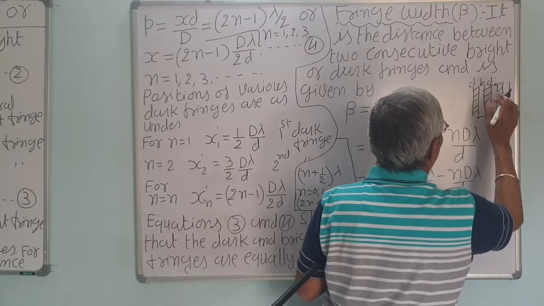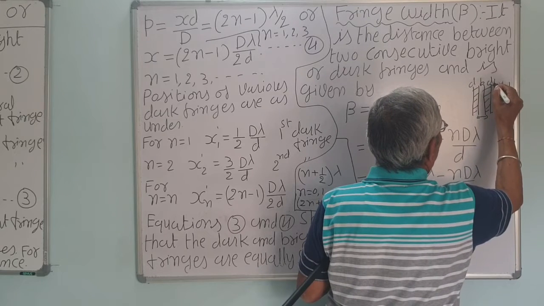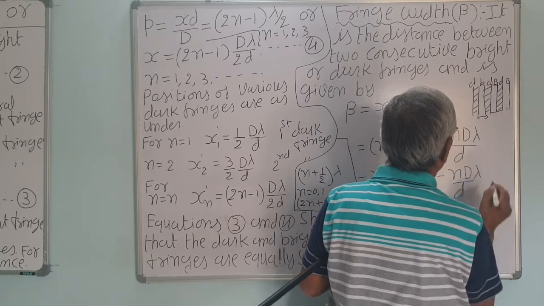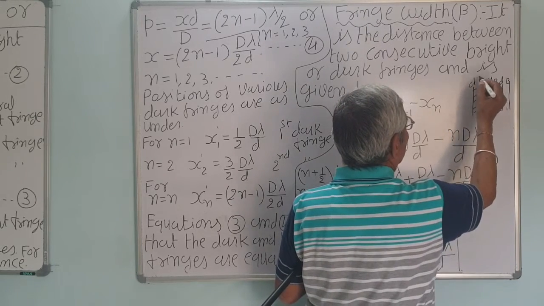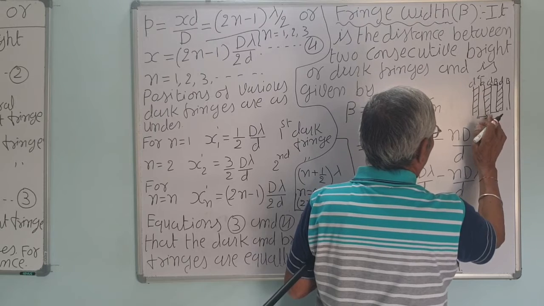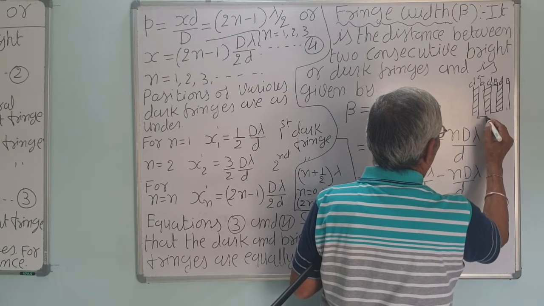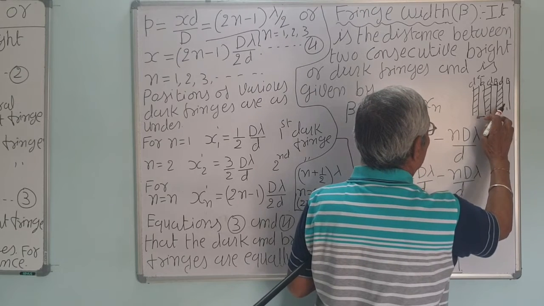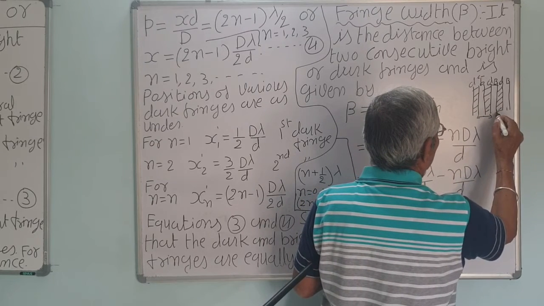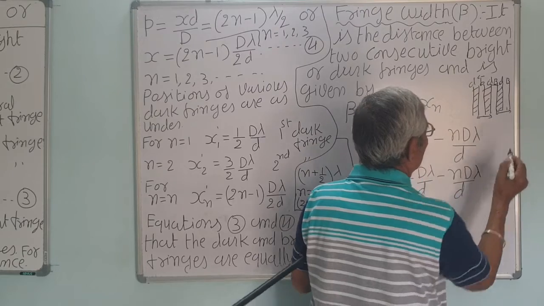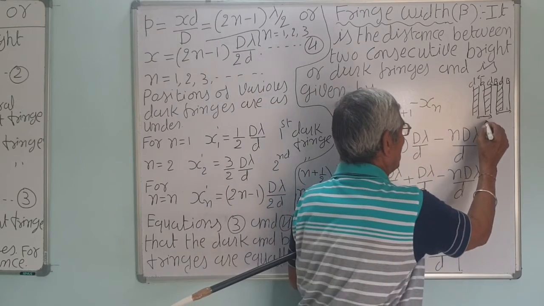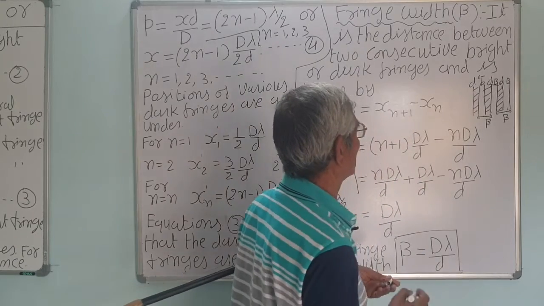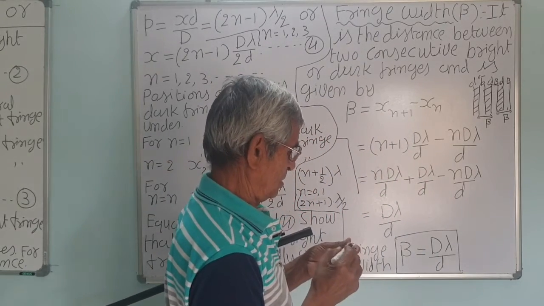So dark, bright, dark and bright. The distance between two consecutive dark fringes, and the distance between two consecutive bright fringes, that is the same, the fringe width beta. This is also beta, whether you take the dark or the bright.